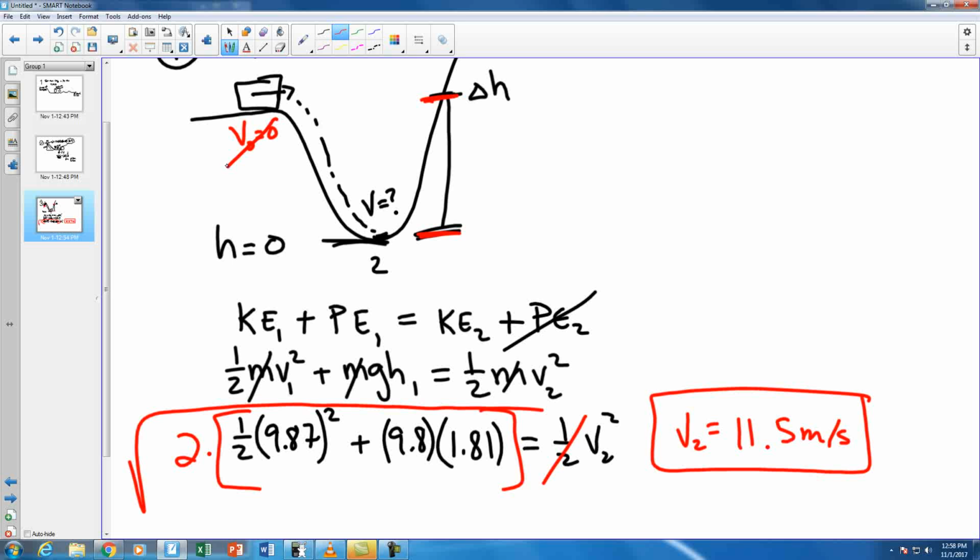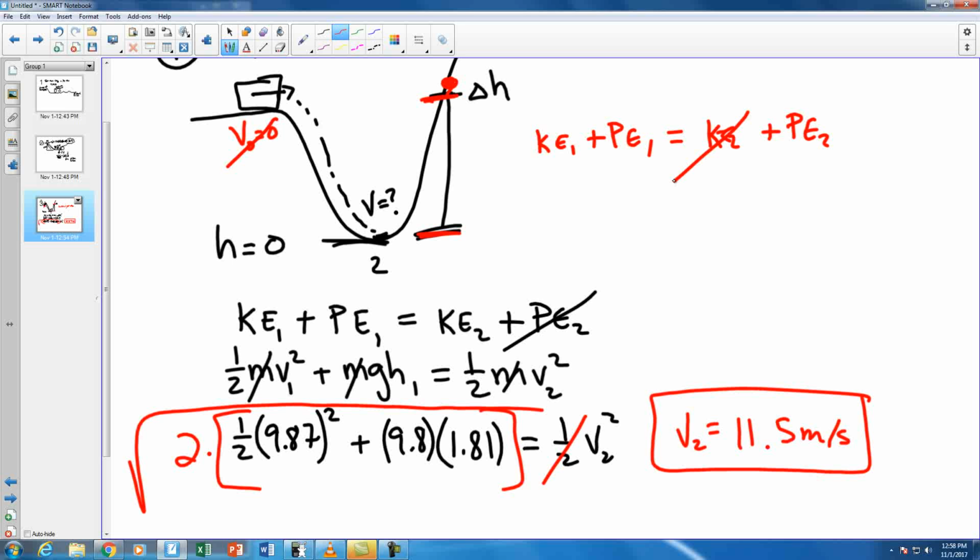So in this problem, we're going to go back to KE1 plus potential energy 1 equals KE2 plus potential energy 2. Now the difference is, up here at its highest point, the velocity will equal 0, which means there will be no kinetic energy after the fact.